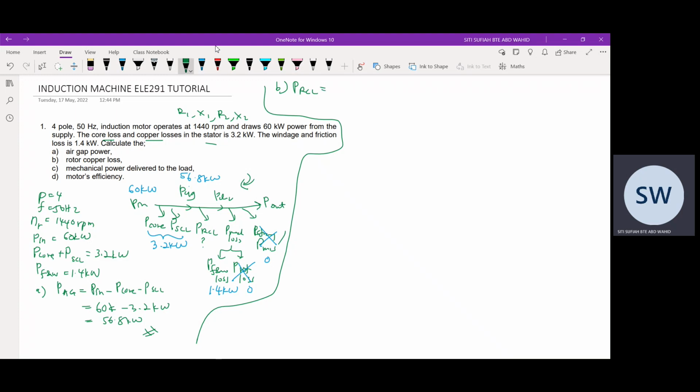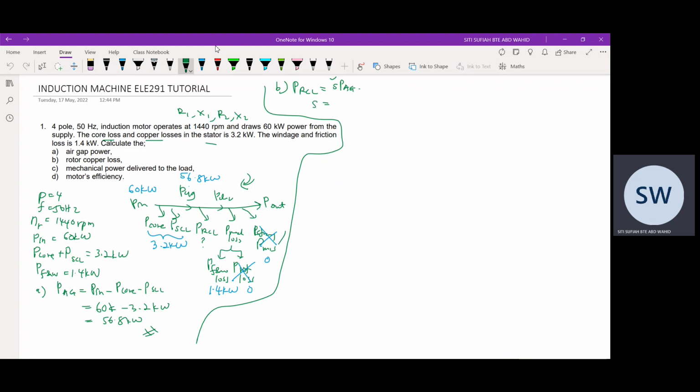Okay, for example, PRCL here comes with the formula that is S times P air gap. So since you know the value of P air gap, can we find S?